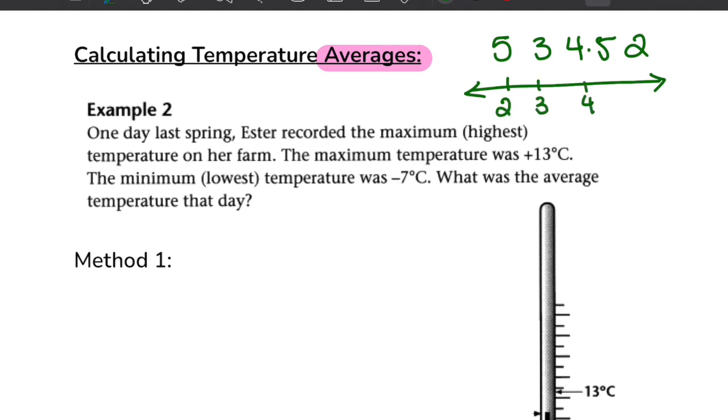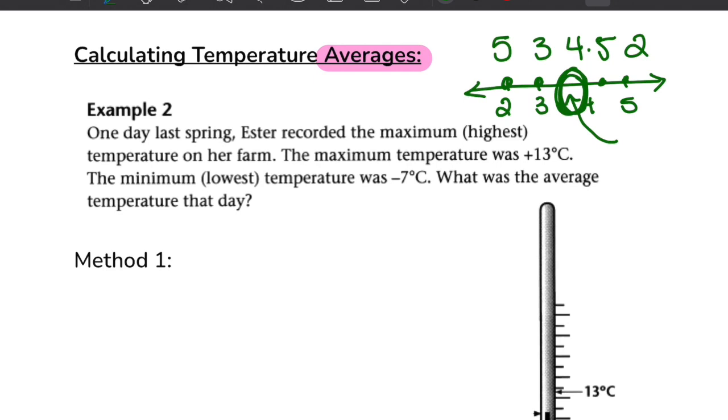So if we have the number 2, the number 3, 4.5, and 5, this is around that central point. It's somewhere in the middle. So the average would be somewhere around here. This is what we're looking for: that central value, that central temperature.